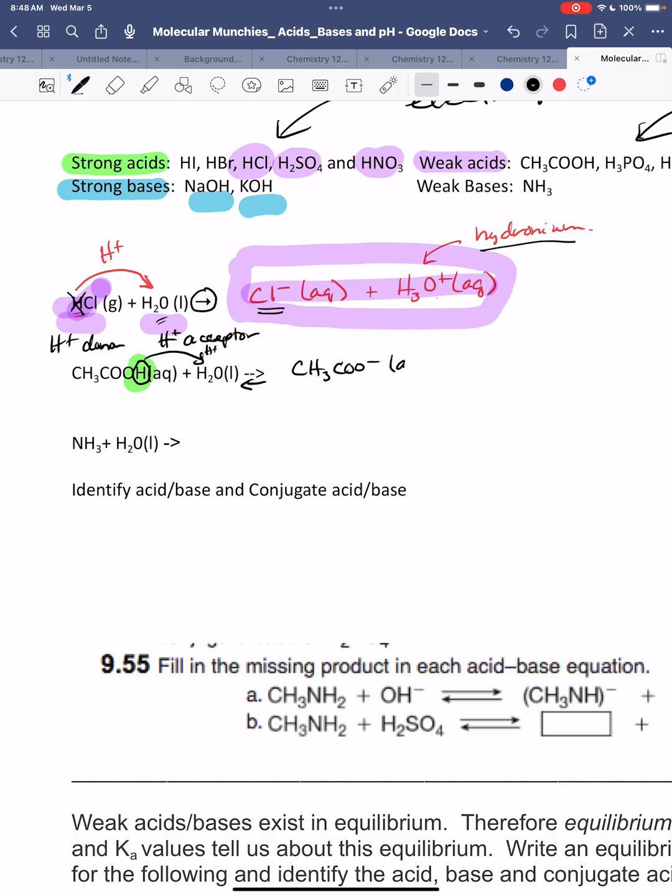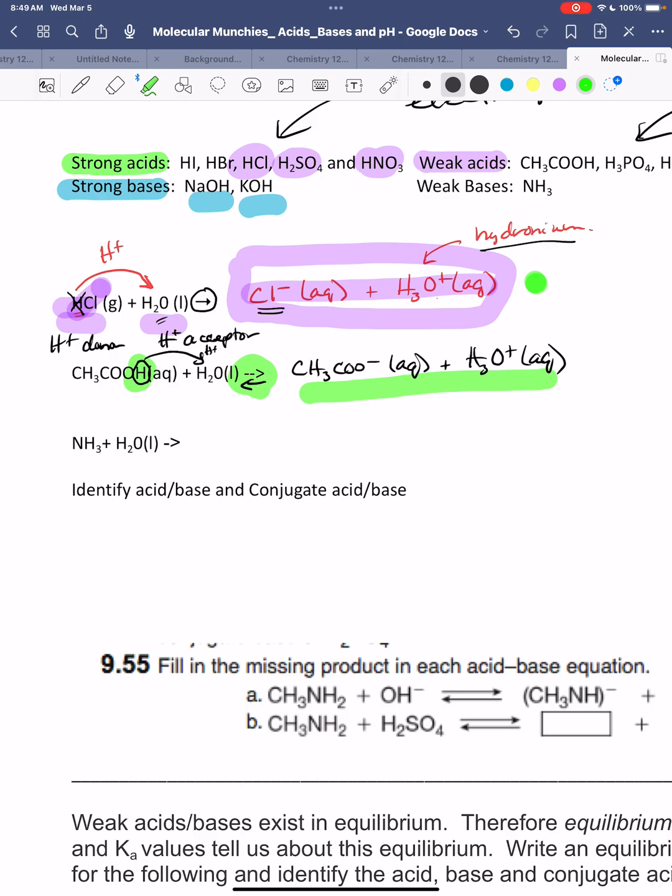It's missing a hydrogen, so its charge goes down. And there it is, once again, our hydronium that is created by this acid in solution. What makes this weak, again, is the amount of ion is smaller than it would be for a strong acid up here. And that's the name of the game.